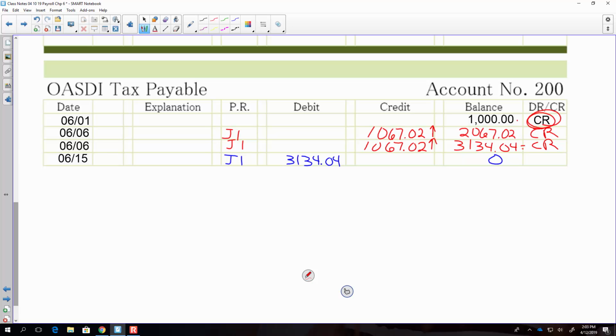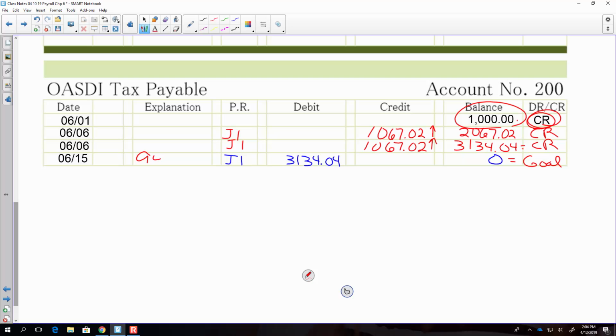Oh, so I was wrong. If I doubled these two, I'd be at 2,134. But remember, I may have a prior balance from another payroll. So I want to make sure that I deposit all tax monies owed, and the goal here is to reach 0 after the deposit is made.